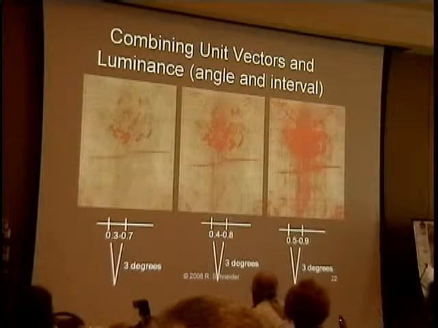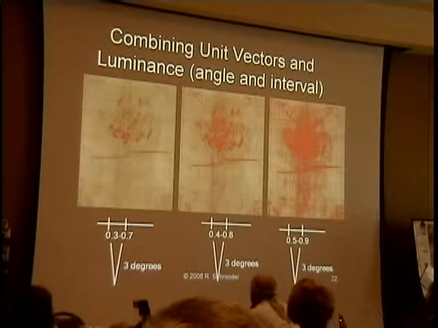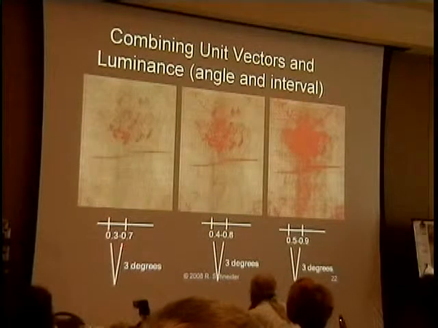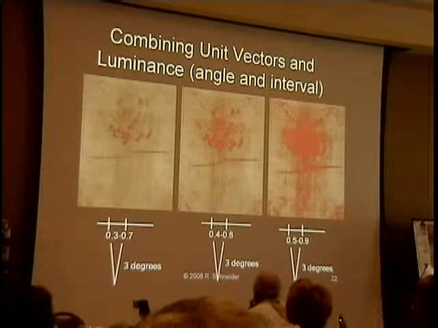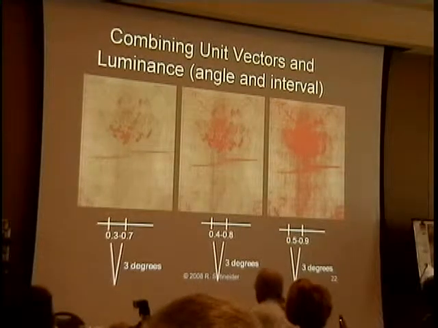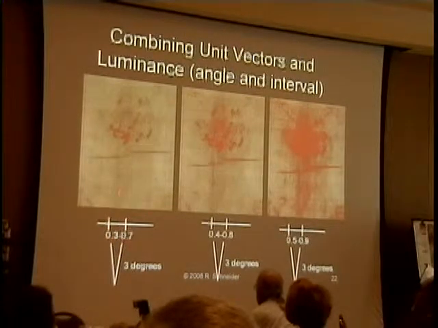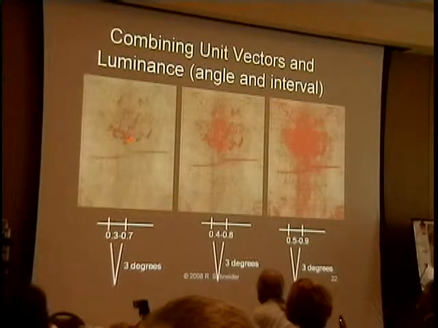And then we'll pick a range of luminance. And here's what happens if you pick a fixed color, and then you open it 3 degrees to either side, so you'll take any color within 3 degrees. So that's plus or minus 3 degrees, that's not 3 degrees. And then you take luminance 0.3 to 0.7, you pulled out the blood pretty well.